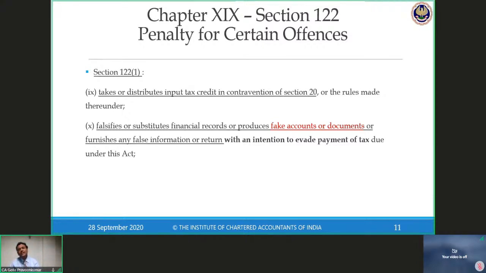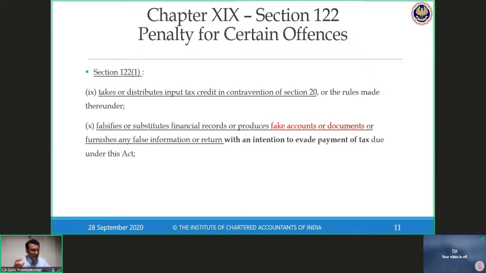It happens mostly in the unorganized sector where the assessee comes and says, sir, I have to get a bank loan. To get a bank loan, my bank person says, you show this much of income so that you get an entitlement. So for the purpose of income tax, I have shown X amount. For the purpose of GST, on the invoices actually issued, I have paid GST only on that turnover.